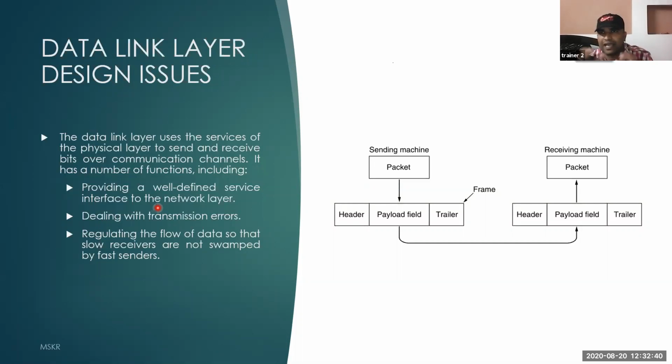Here I am telling these things in simple terminology, but in a computer you need to implement it as an algorithm, as certain steps. That is nothing but protocols. The second thing is how to deal with transmission errors. I can't always concentrate on error correction.